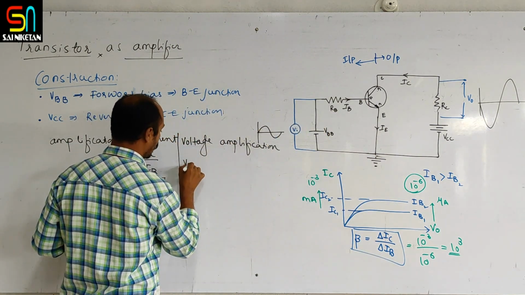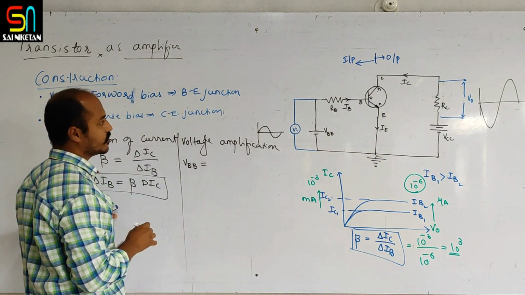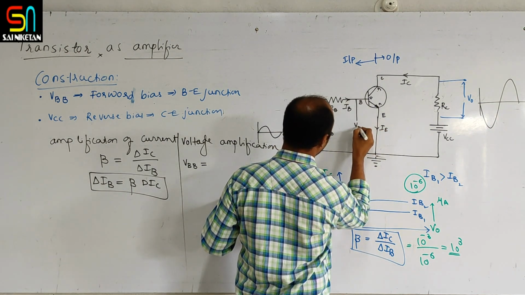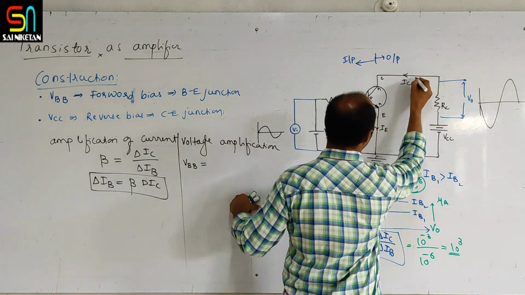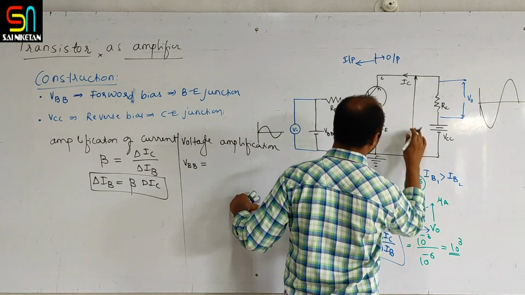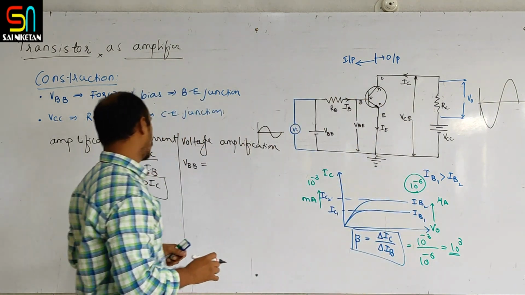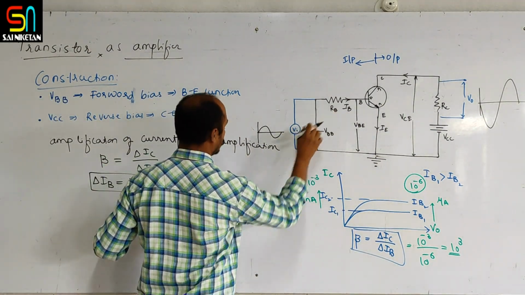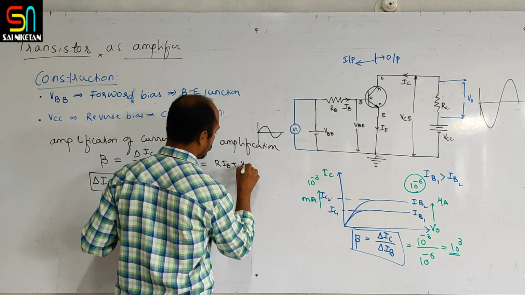Then it becomes VBB is equal to the voltage across base and emitter junction, VBE, and the collector emitter junction, VCE. Now VBB is equal to RB IB plus VBE.